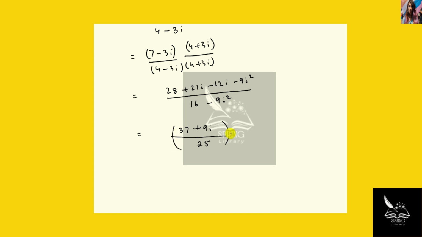So we have 37 plus 9i in the numerator. Since the denominator is a real number, we can divide like this: 37 by 25 plus 9 by 25 times i. So this is the quotient.